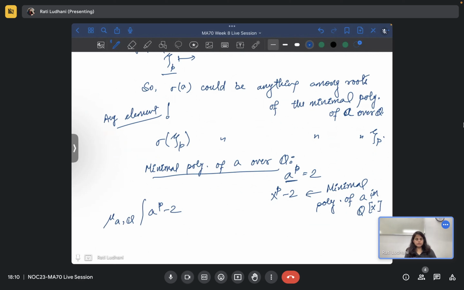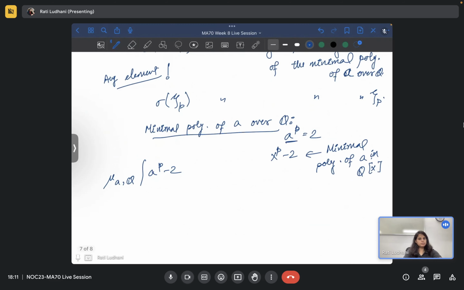That is our next question, right? So can you find a factor of this? But any factor will contain some power of a, that you can prove, because any lesser degree power of a will not work, and this is the pth root of 2. So you can argue like this. So this is a minimal polynomial of a over Q.